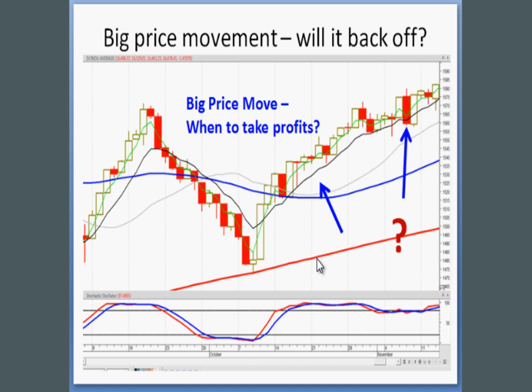The 20, the 50, and the 200 are all simple moving averages. What if the T line is flat? That means your price is flat. You probably don't want to be trading whatever that is. Some people ask, well, what if it's wobbling back and forth above and below the T line? It means it doesn't have any real good direction. Go to something else.